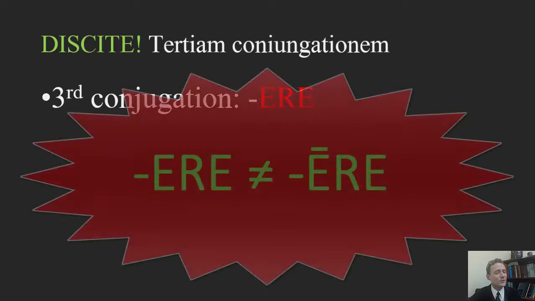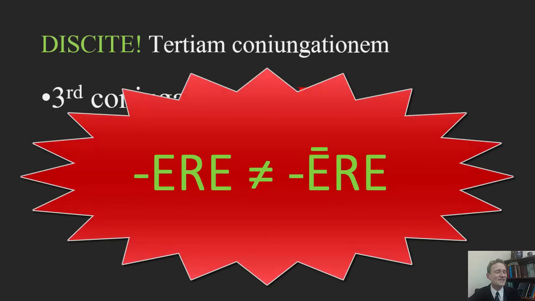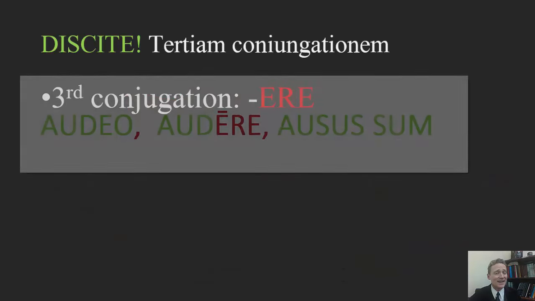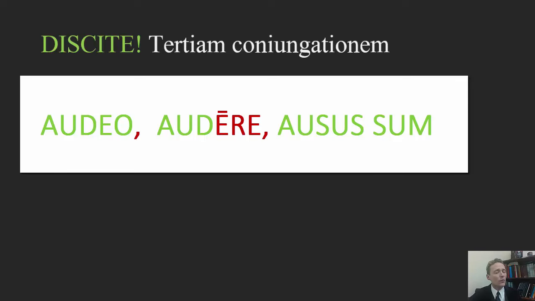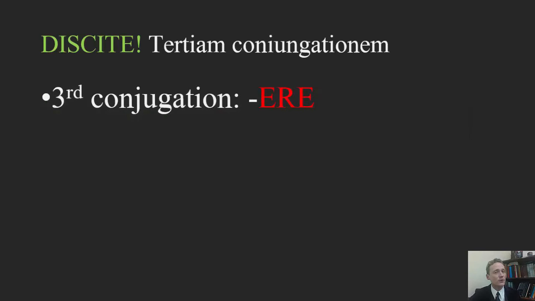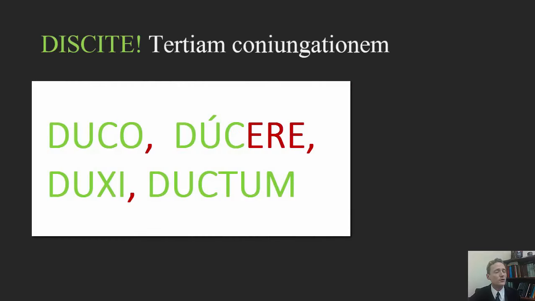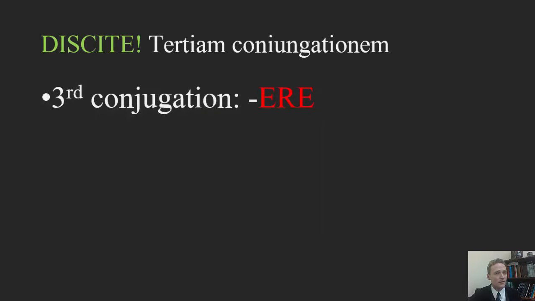You'll notice I did not put a macron over that first e, and that will change the pronunciation. With this conjugation, it will be a bit different, such as duco, ducere. Notice that first e in ducere is short.